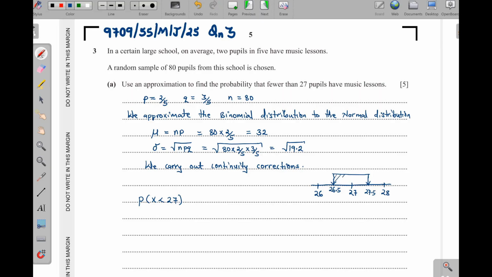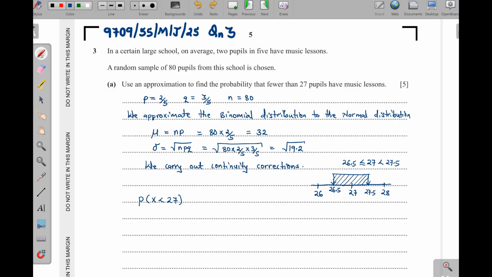So that means when we are writing, 27 is less than 27.5, but here we have less than or equal to 26.5, because when you round off all the numbers that are here, they will give you the 27. But this one here gives you the 28, so that's why we put what? Less than.